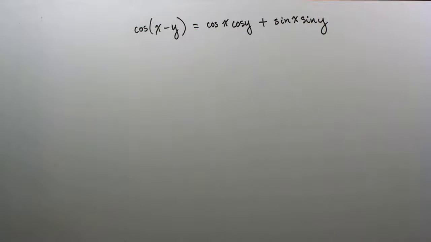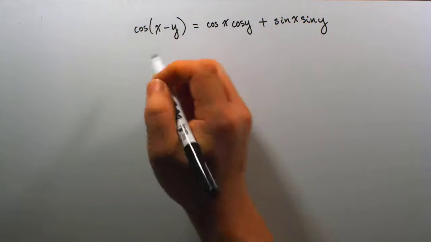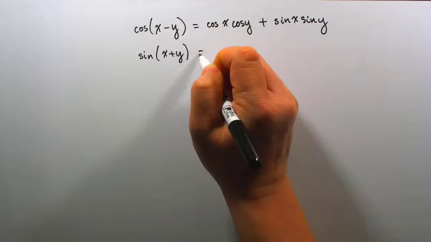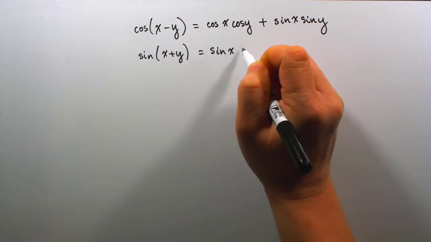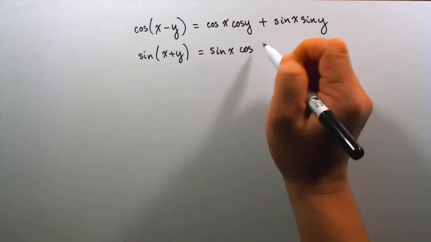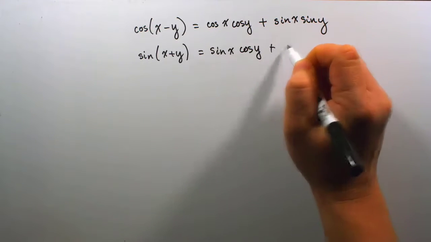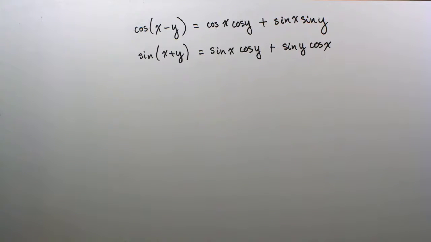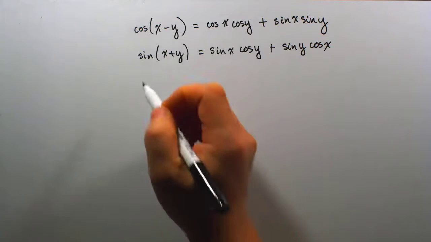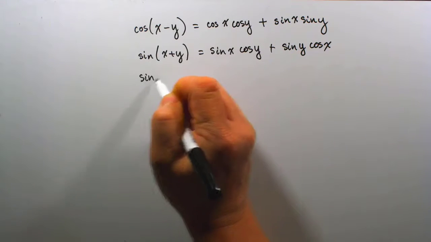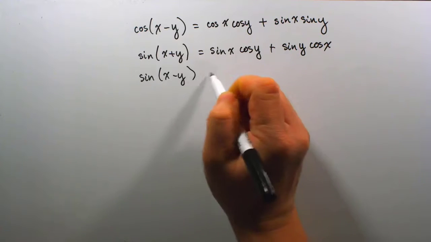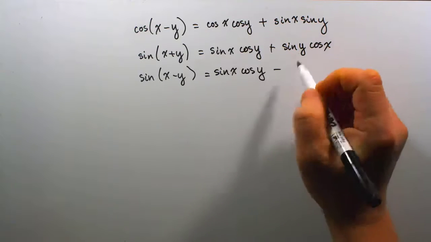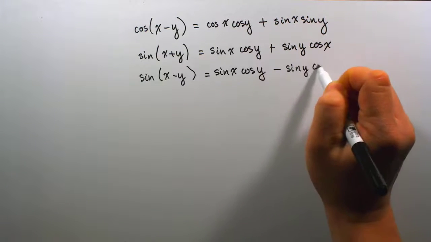So for sine of a sum, you just need to remind yourself that sine of x plus y is going to be sine of x times cosine of y plus sine of y times cosine of x. And the same goes for sine of x minus y, which equals sine of x times cosine of y minus sine of y times cosine of x.